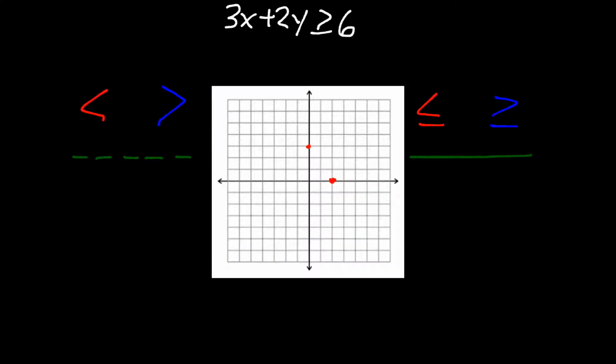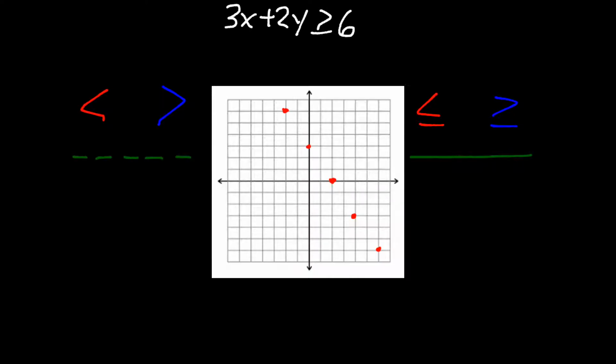So I could do that again, go down 3 and over 2 to get a point there, down 3 over 2 to get a point there. And then if I want to go in this direction, I can go up 3, left 2, and that will give me my last point that I can actually fit in here.